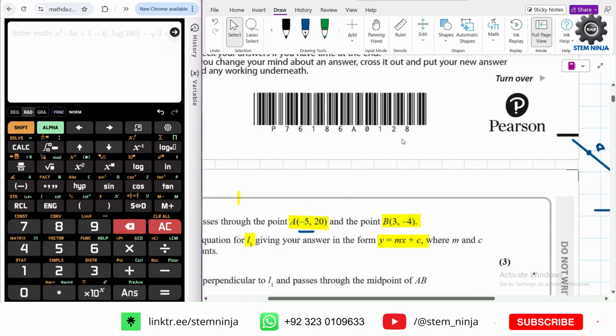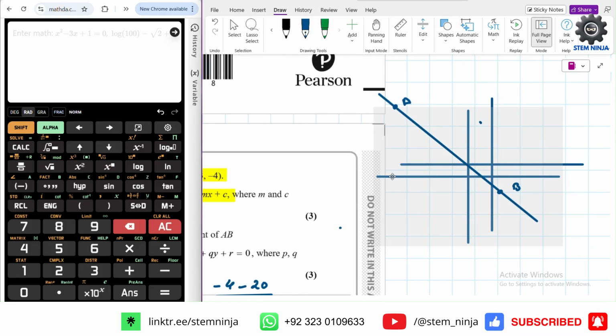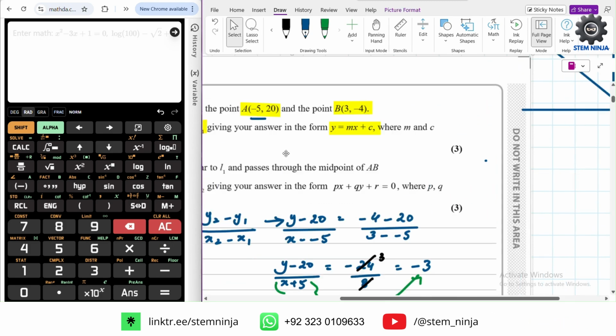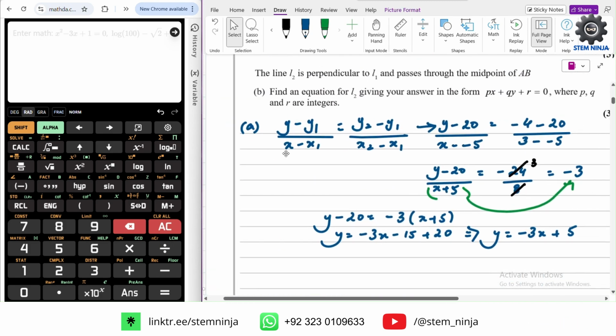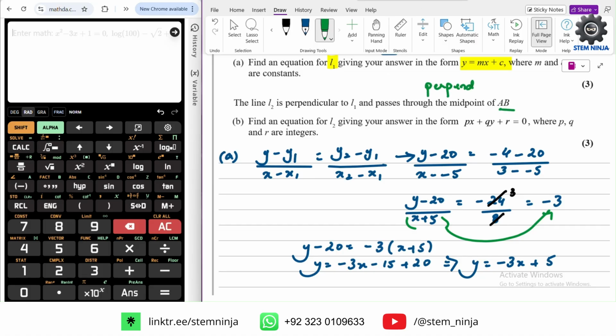So this would be basically, if we make it somewhat like this. Right, okay. Now that we've got L1, line L2 is perpendicular to L1 and passes through the midpoint of AB. So basically it's our perpendicular bisector.